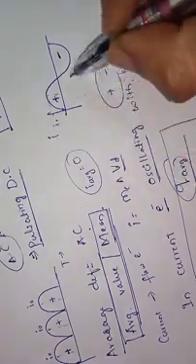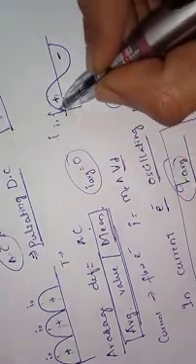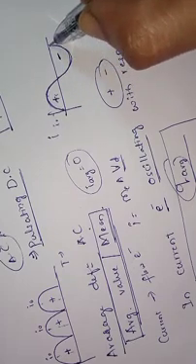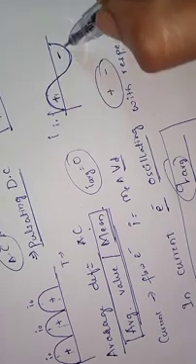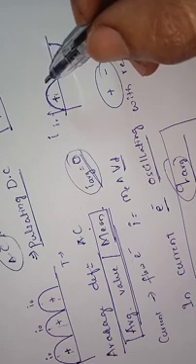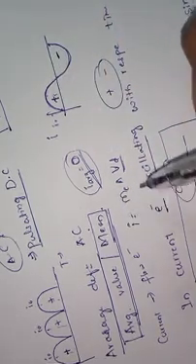It shows that the sum of these positive values and negative values is 0. So that's why I average for one cycle is 0. Remember, the average value for one complete cycle is 0.